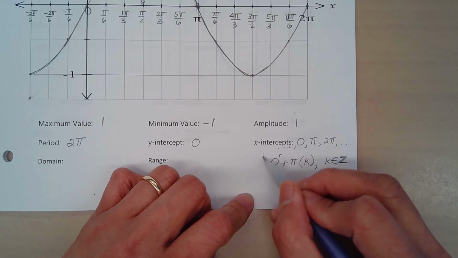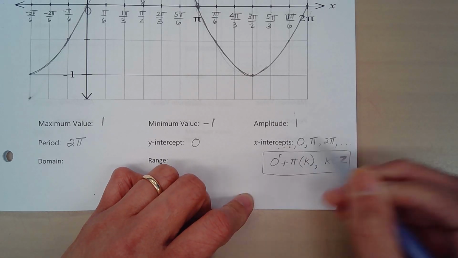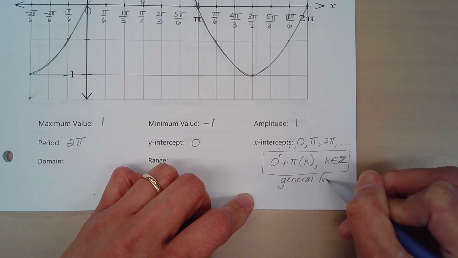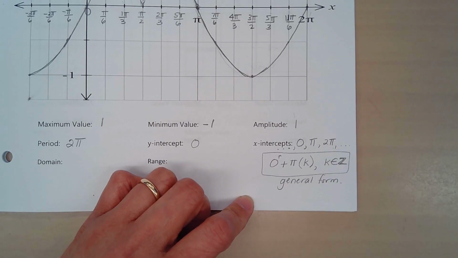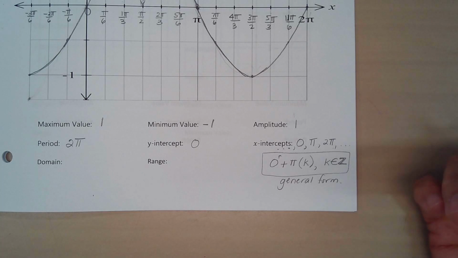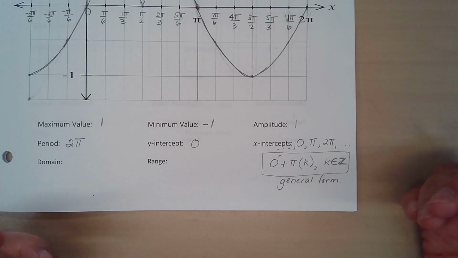So this one is called a general form, because there are going to be lots and lots of x-intercepts. If there are infinitely many, we can't list them, but we can generally figure out where they're at.